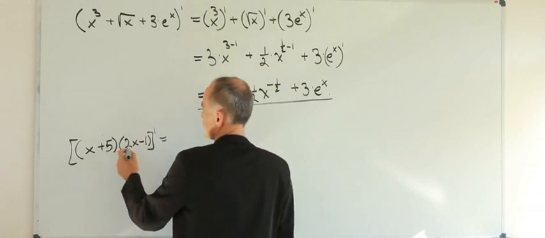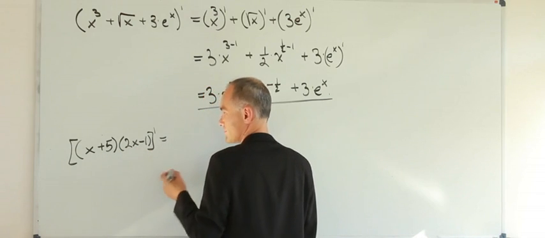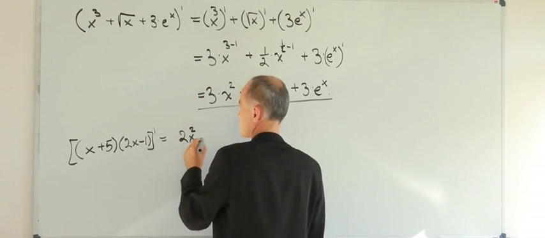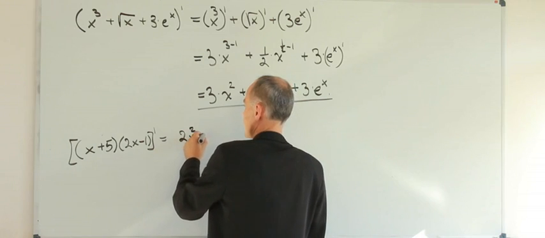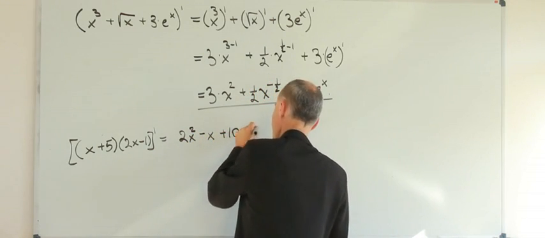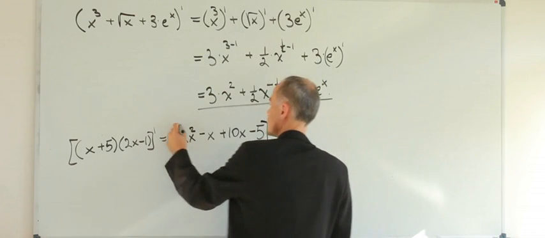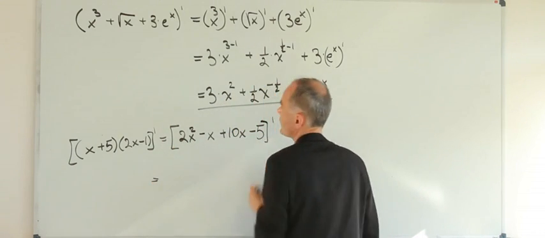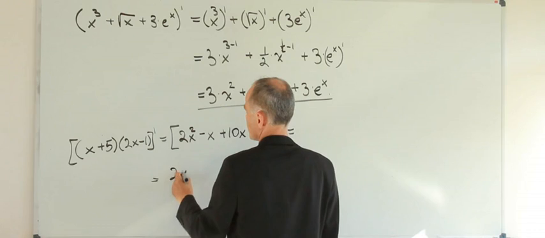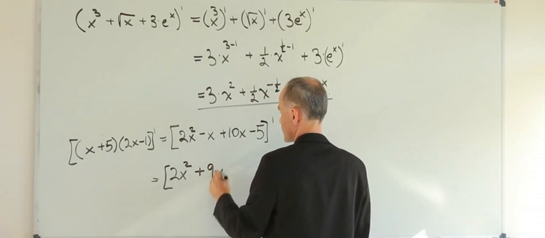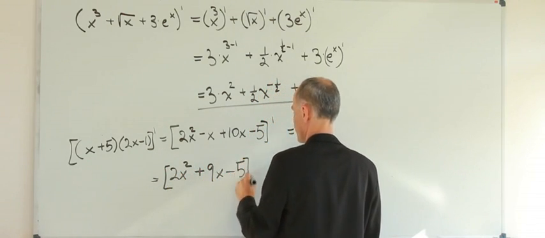So x plus 5 times 2x minus 1. So we get 2x squared minus x plus 10x minus 5. And then I need to differentiate this. Let me simplify this expression. So it's 2x squared plus 9x minus 5.